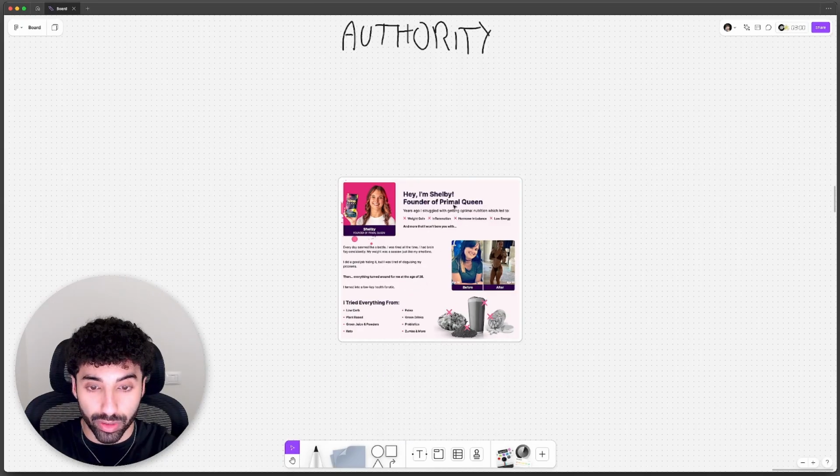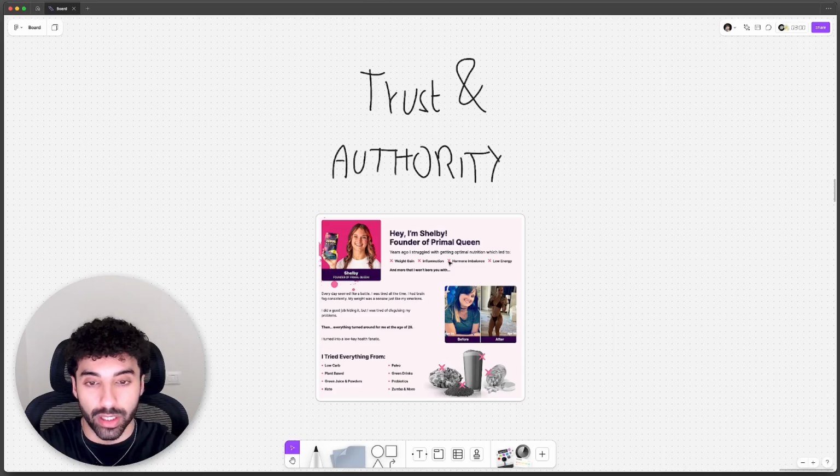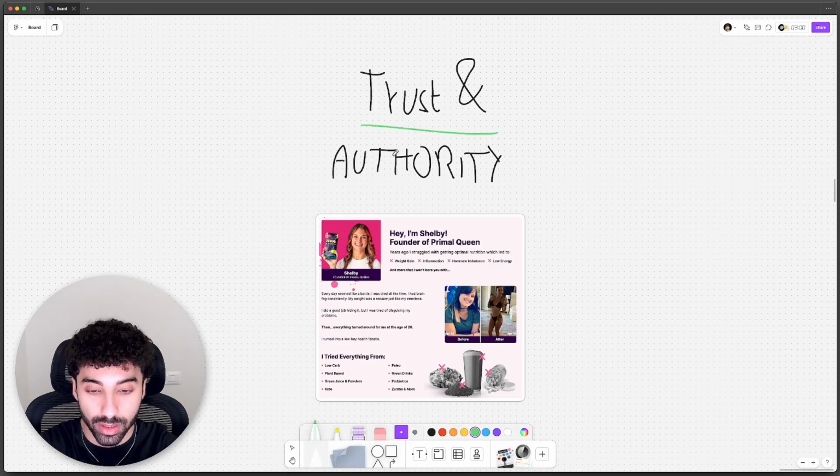Founder story works so well because they might not be the most authoritative figure, depending on their background and what they've done before, but they create a parasocial relationship between the brand and the customer, because the brand feels like a person, like there's a human behind it that has an experience and created a product to solve his problem, and now is sharing this solution with other people that are experiencing the same problem. So they add an incredible layer of trust to everything.